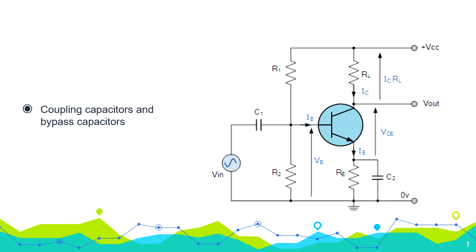The next are the pairs of capacitors. There are two types of capacitor present in the circuit: the coupling capacitors and the bypass capacitor. Capacitors which are at the input and output side, that is C in and C out of the circuit, connected to the base and collector terminal, are known as coupling capacitors.